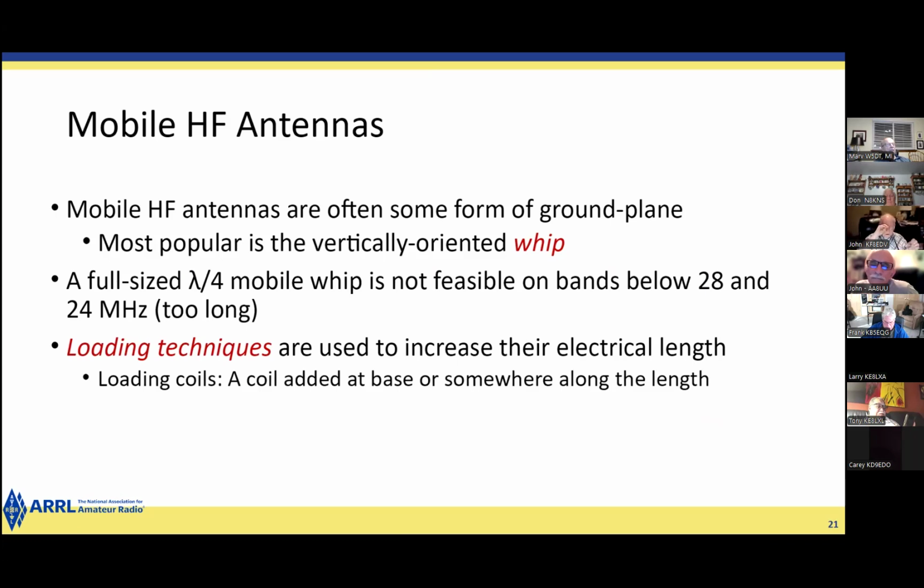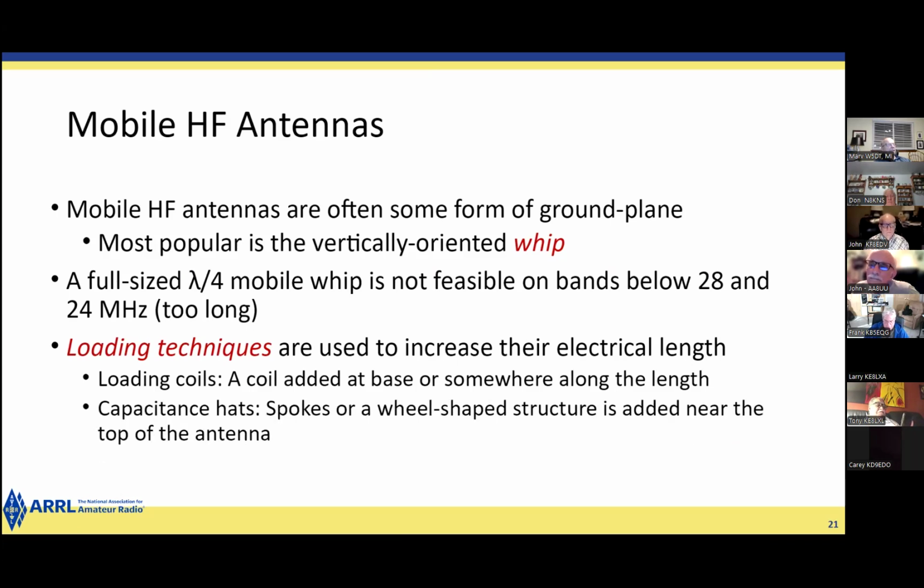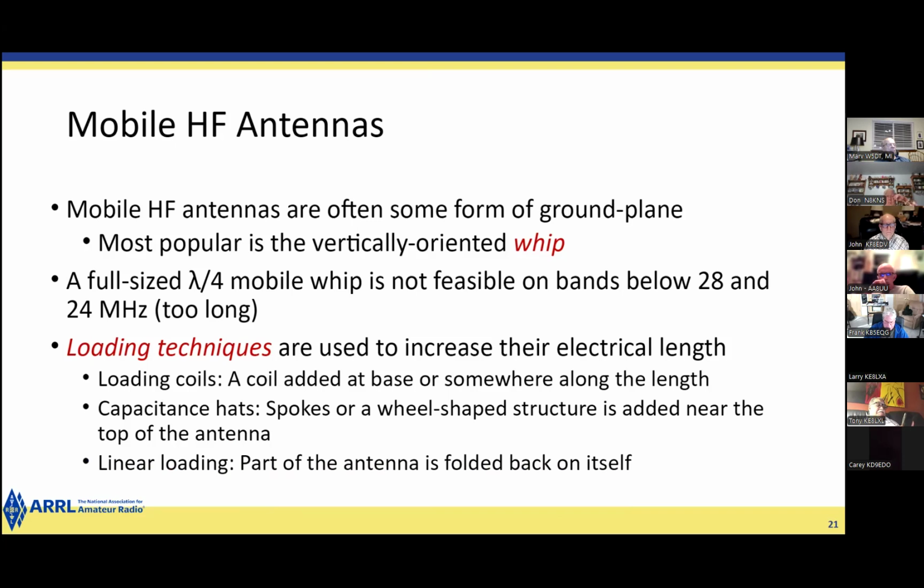A loading coil added someplace along the length of the antenna. Capacitive hats, which are spokes on a wheel-shaped structure near the top of the antenna. Folding back part of the antenna on itself.